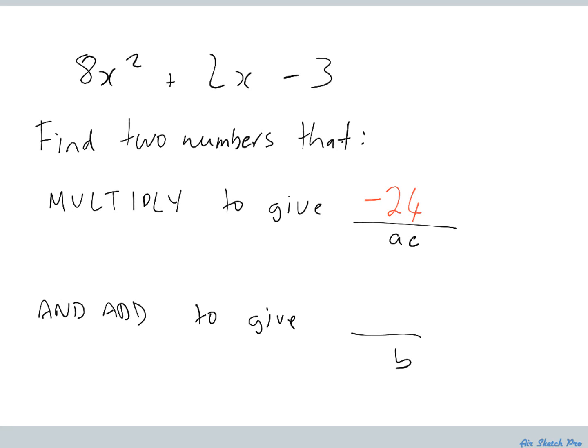And add together to give me, what's B? Positive 2.